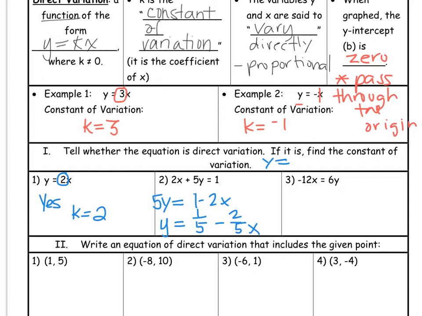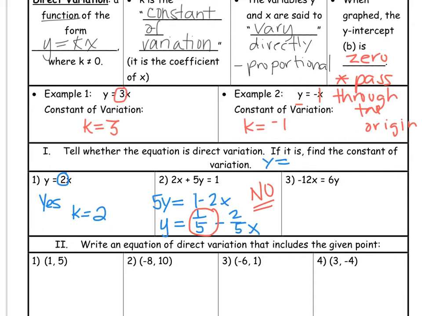So does this have direct variation? And the answer is no. And how can I tell? Because this constant over here, this 1/5, is hanging on. If it just said y equals -2/5 x, yeah, I'd be good. But because that 1/5 is there, that means it does not pass through the origin.